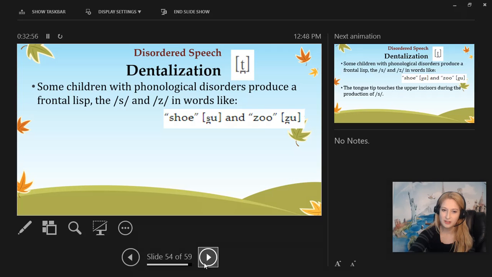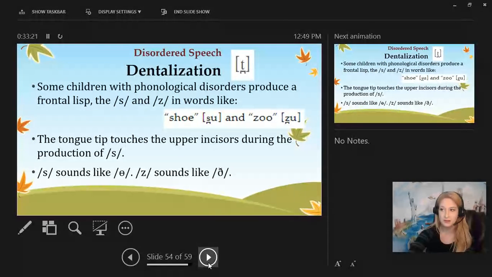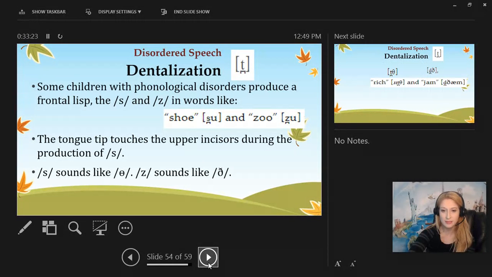Some children with phonological disorders produce a frontal lisp with the S and Z in words like shoe and zoo. The tongue tip touches the upper incisors during the production of S. So the S will sound like th, and the Z will sound like th, whether it's voiced or unvoiced.